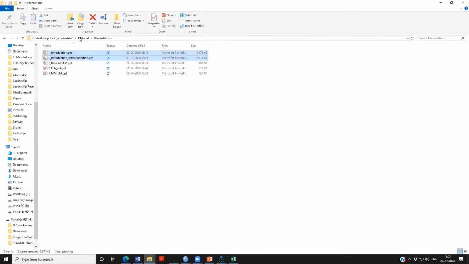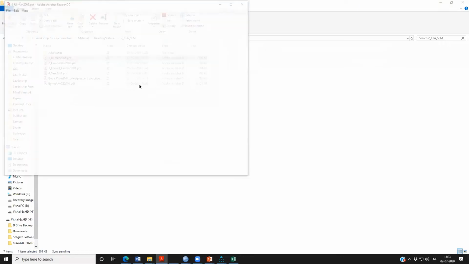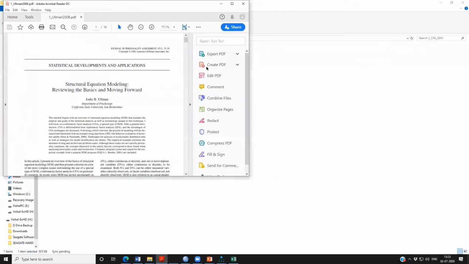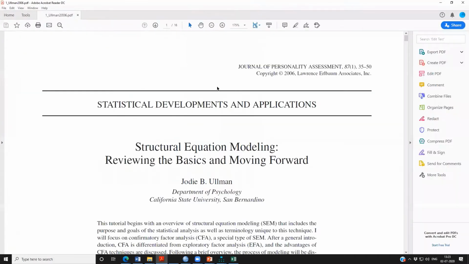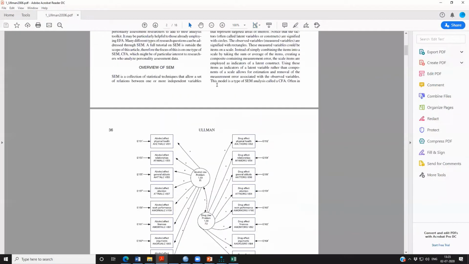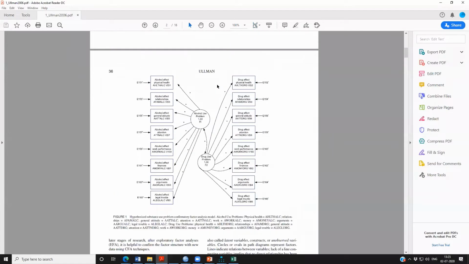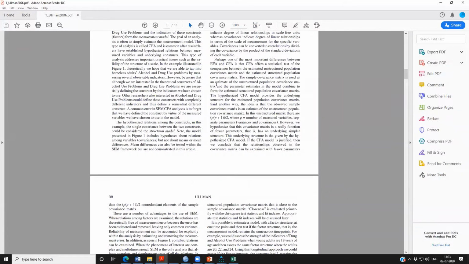In terms of reading, there is a second folder which is CFA and SEM. The first paper here, Ullman, just gives you a brief introduction of what SEM is. Most of it we have already talked about.